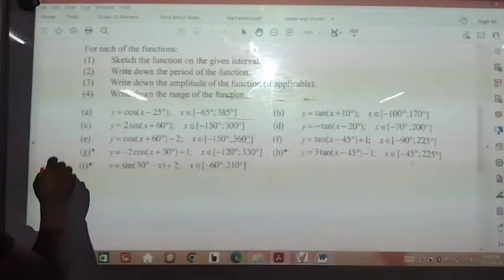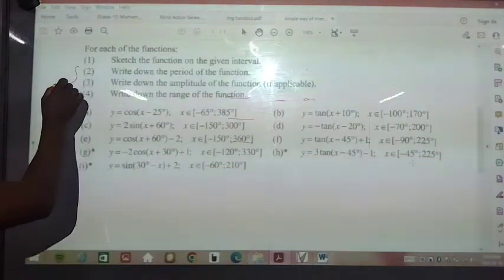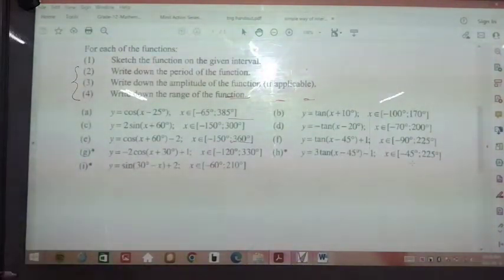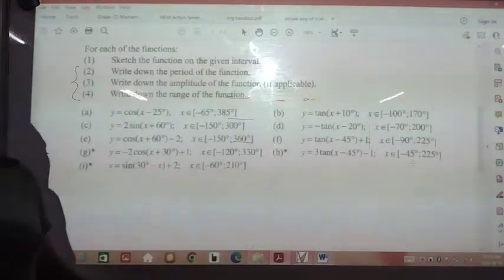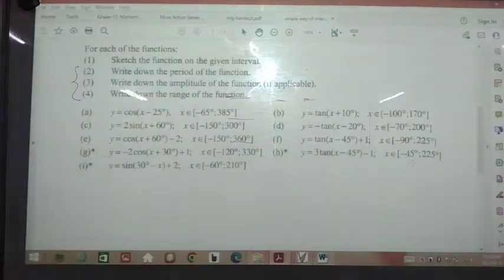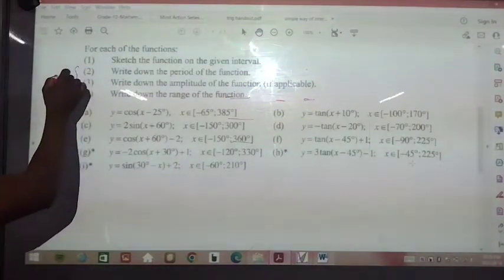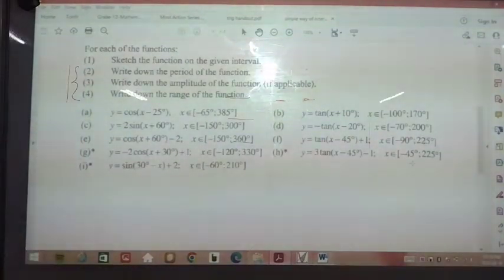Now, questions 2, 3, and 4, you should be able to answer these questions without even drawing the graph. So let's look at these 3 questions and then we'll do the drawing after.